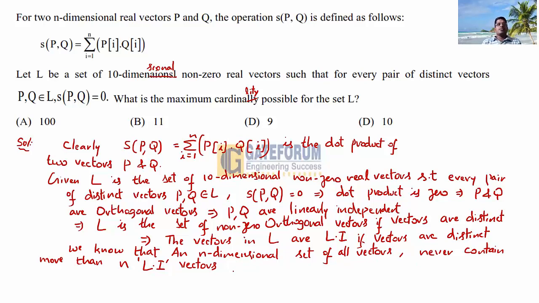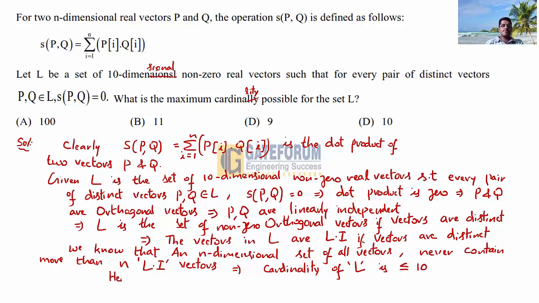That implies cardinality, that is the number of elements in a set, cardinality of L is less than or equal to 10.